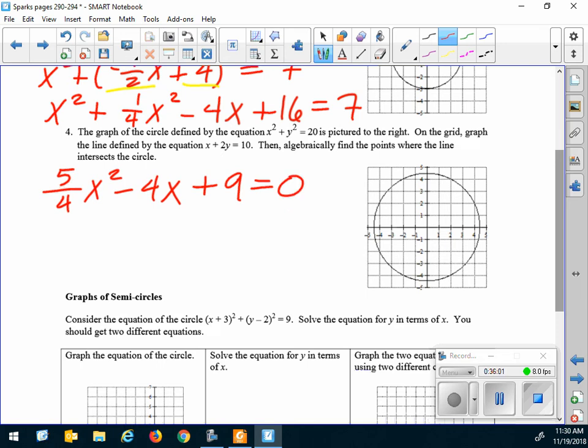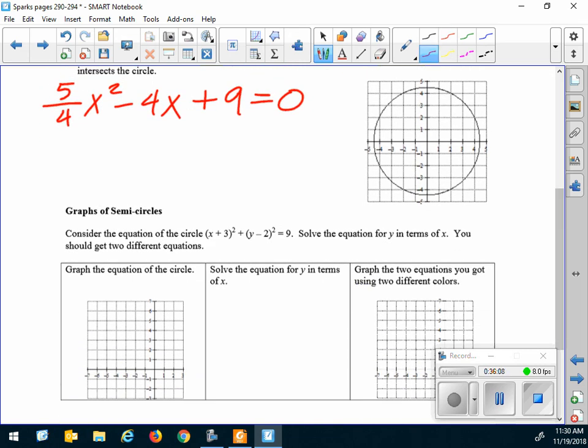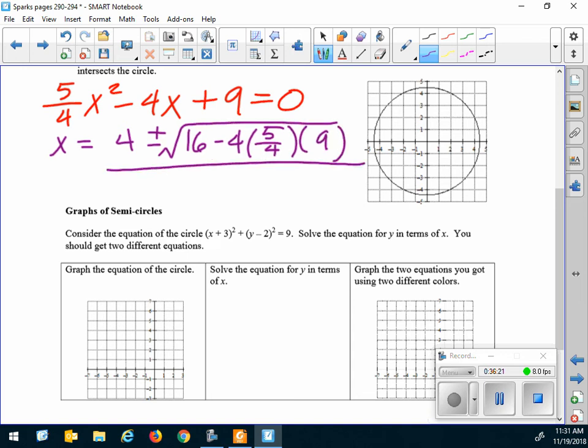We got to go to quadratic formula with that bad boy. Here we go. x equals negative b plus or minus square root of b squared minus 4ac, all over 2a. That ain't so bad.